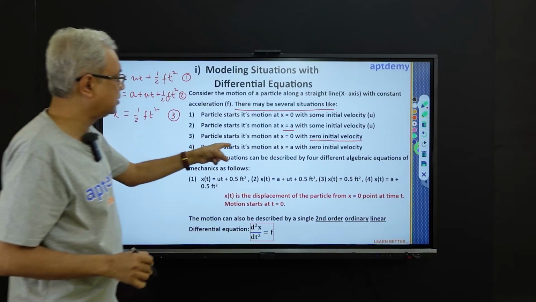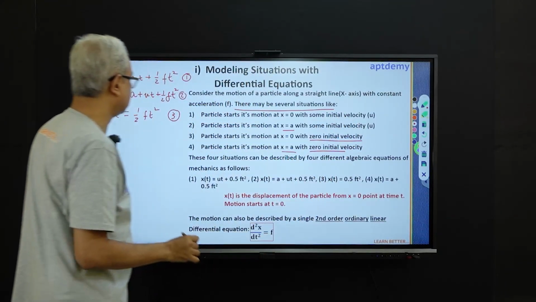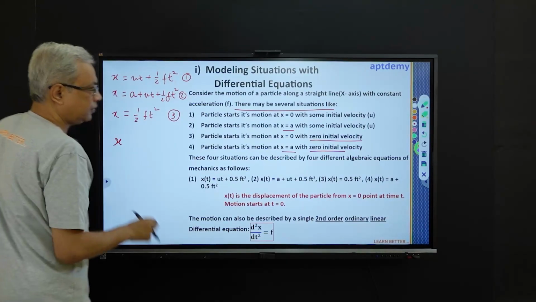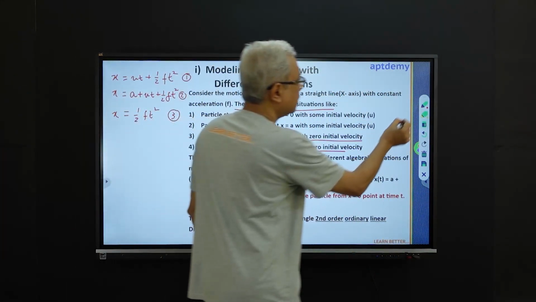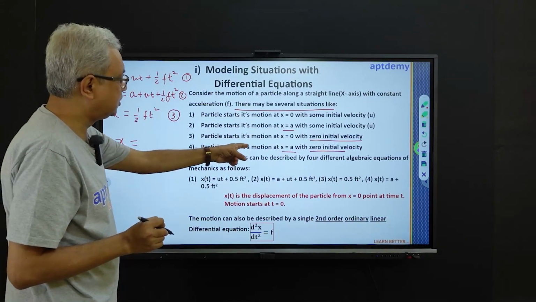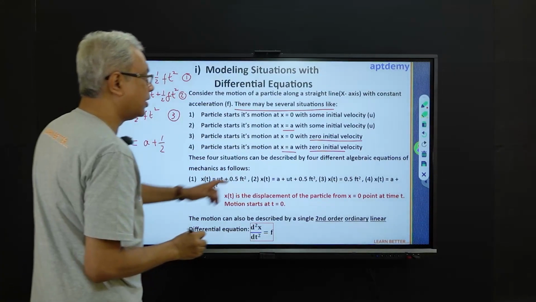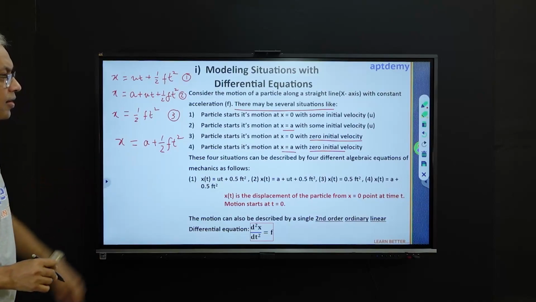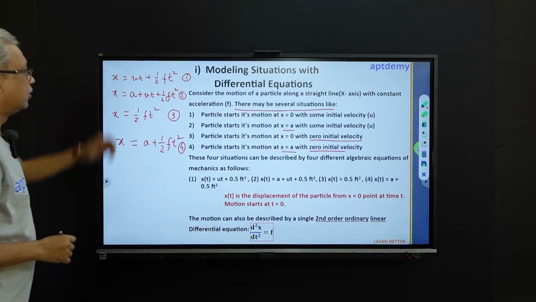And fourth situation, the particle starts its motion at x equal to a with 0 initial velocity, but it has a uniform acceleration, so the expression for x will be a plus half ft square. This is the fourth situation.